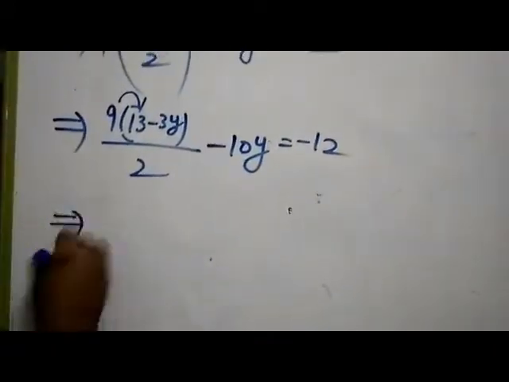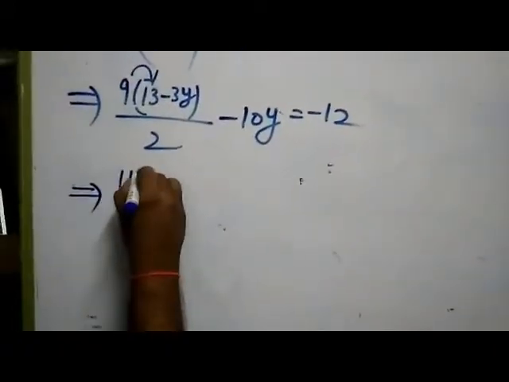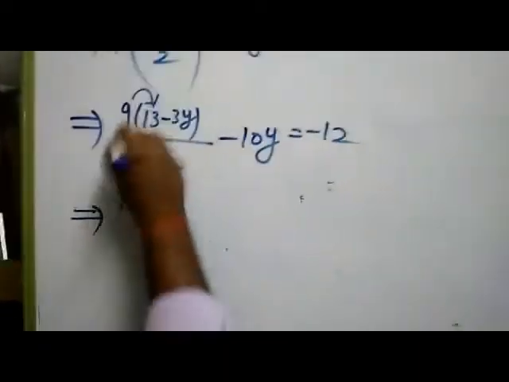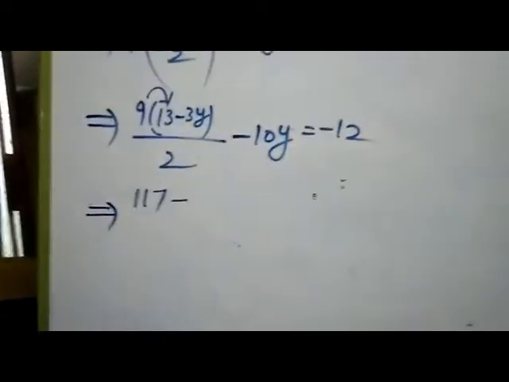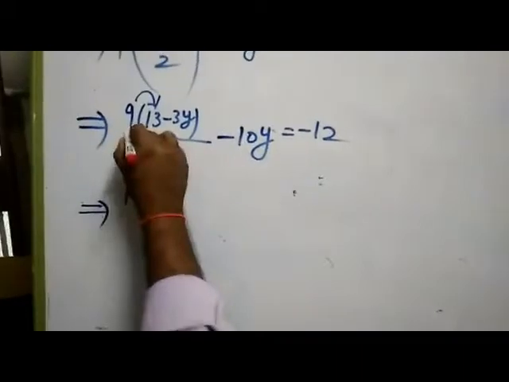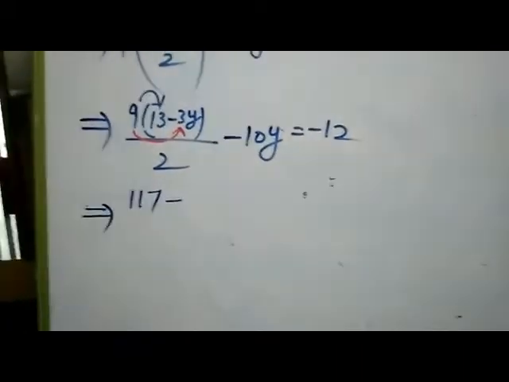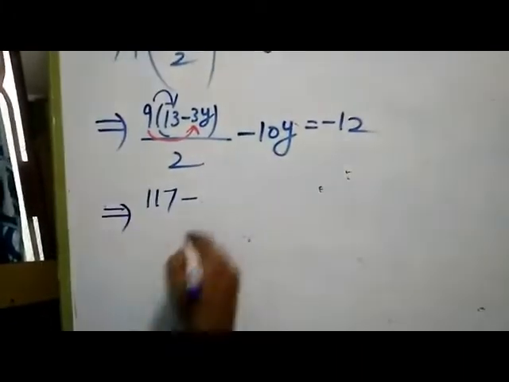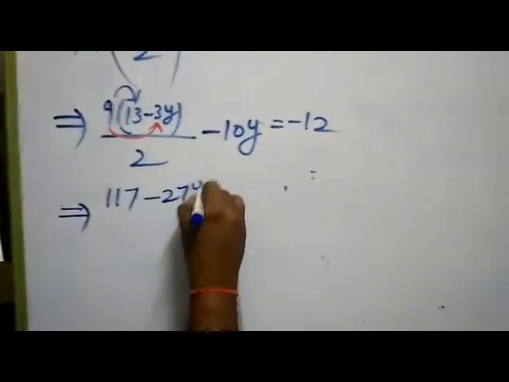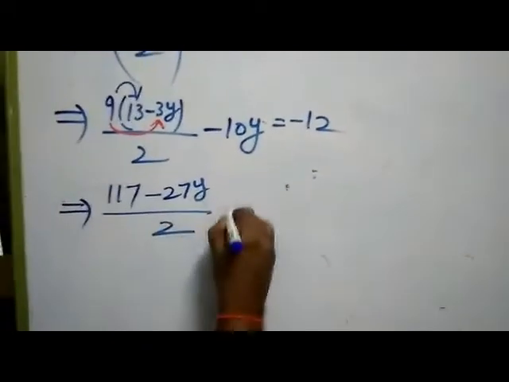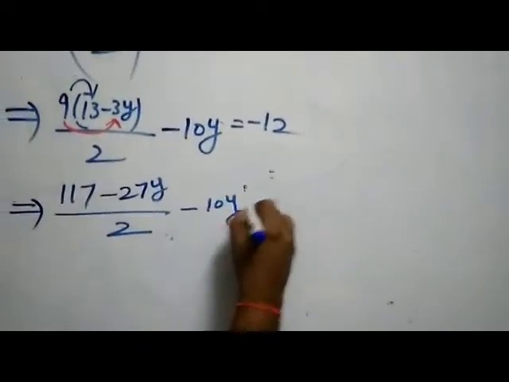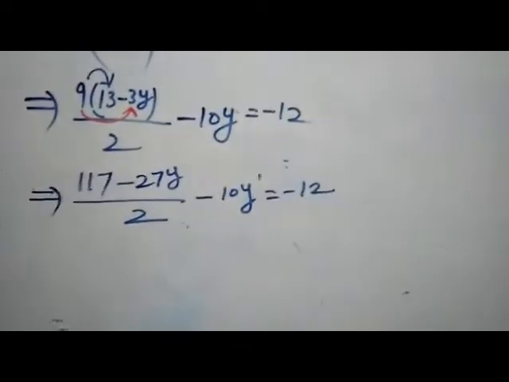So simplify. 9 13s are 117 minus 9 3s are 27y. 27y by 2 minus 10y is equal to minus 12.